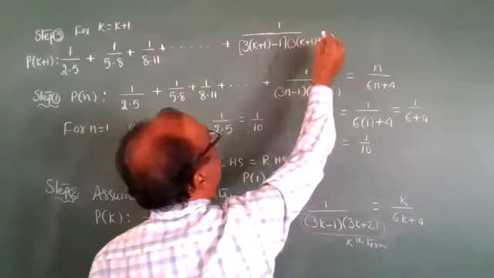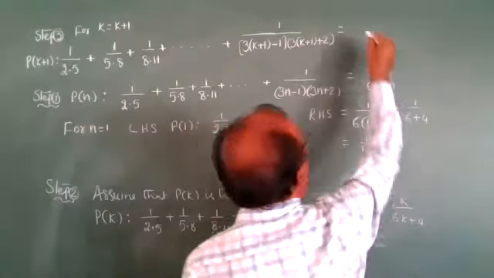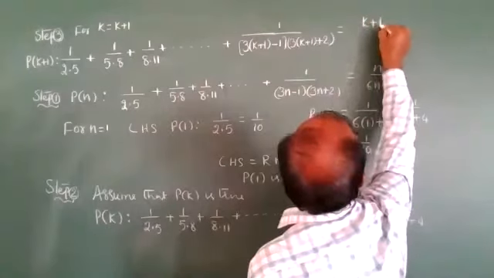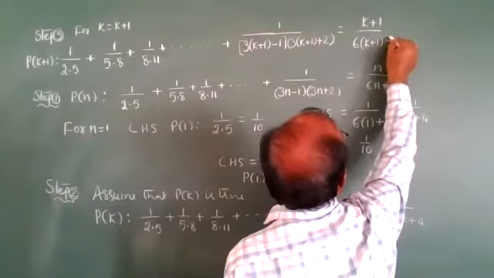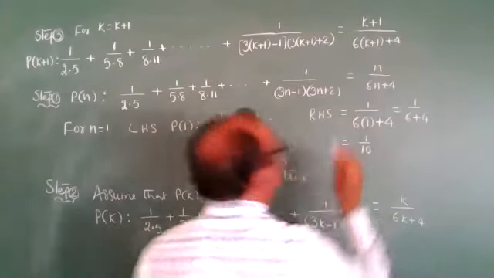The right side is (k plus 1) by 6 times (k plus 1) plus 4. Everyone simplify.